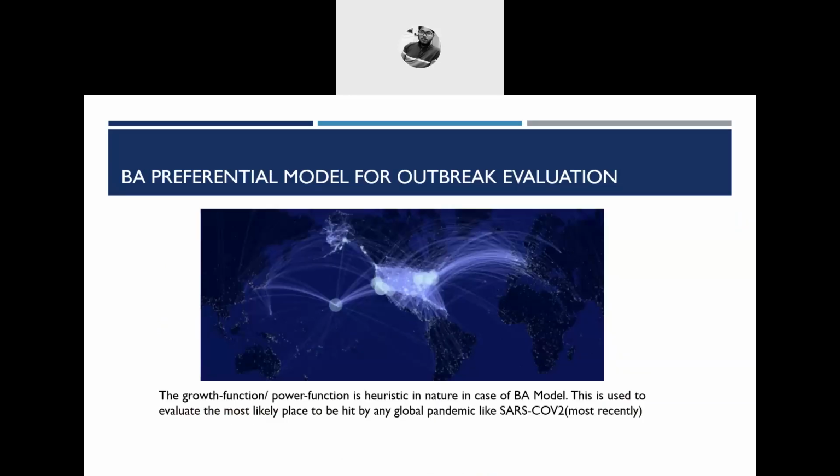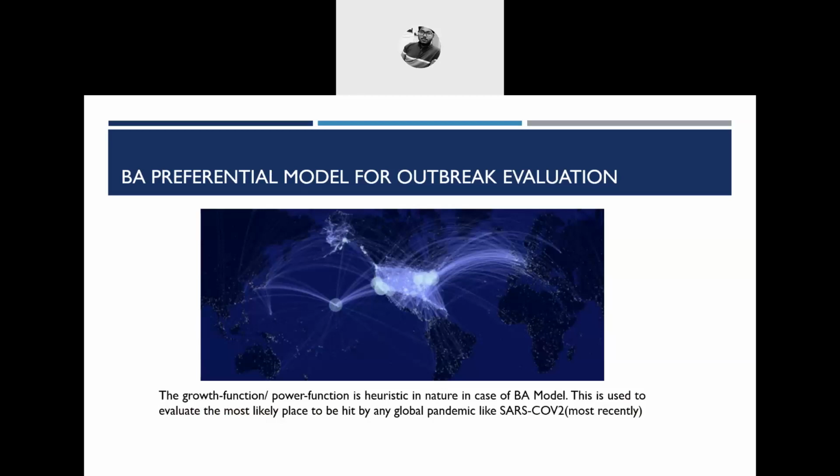Another BA model which is currently used is the outbreak evaluation model. The outbreak evaluation model is basically a heuristic model based on a power function. It can be used to study any global pandemic or outbreak of disease, and it is being used to study SARS-CoV-2.